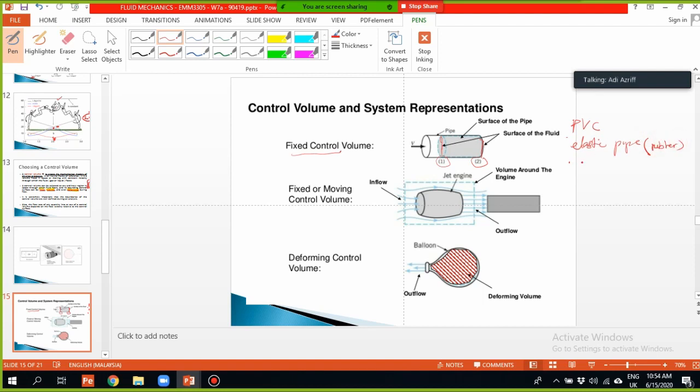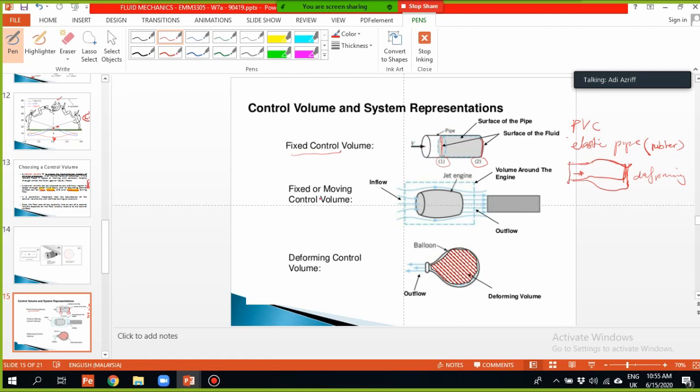Your pipe will change based on the pressure inside, so automatically your control volume is not in the category of fixed control volume. It becomes a deforming control volume. So you need to understand your situation. For example, when there is high pressure, this pipe will deform, so we call it a deforming control volume. But for a normal pipe, a PVC pipe or galvanized pipe, it is a fixed control volume.